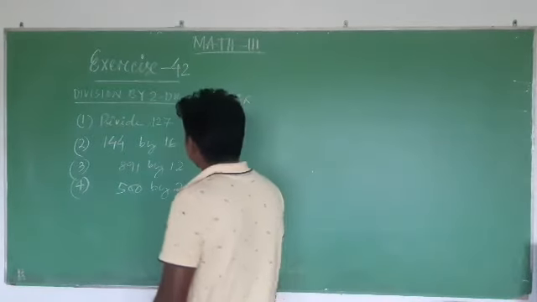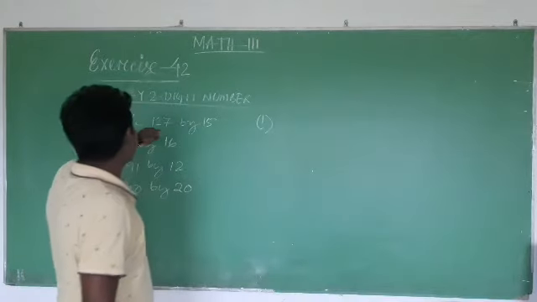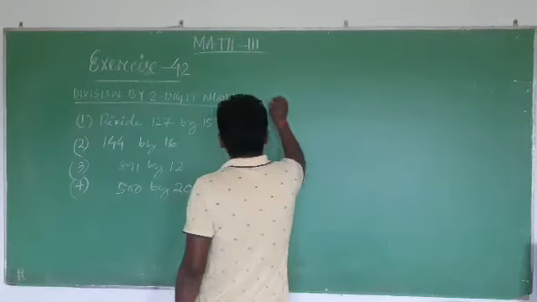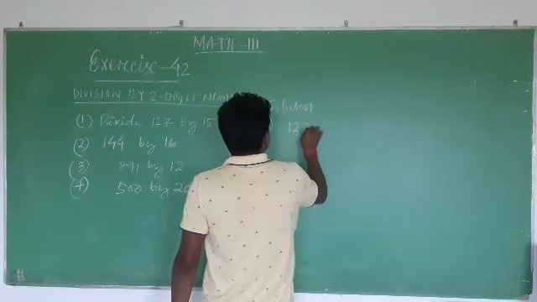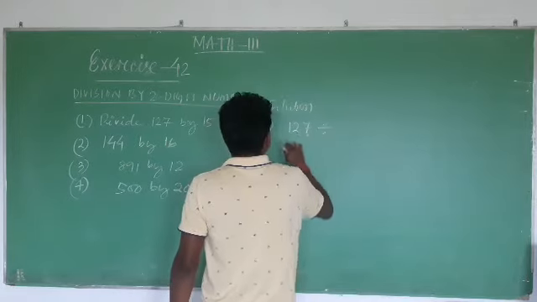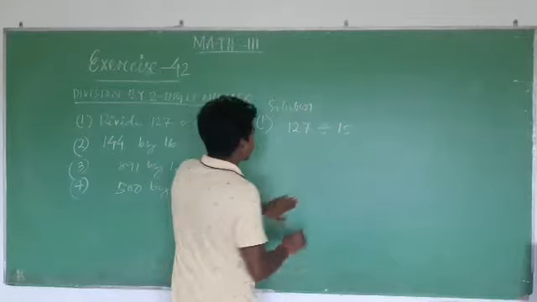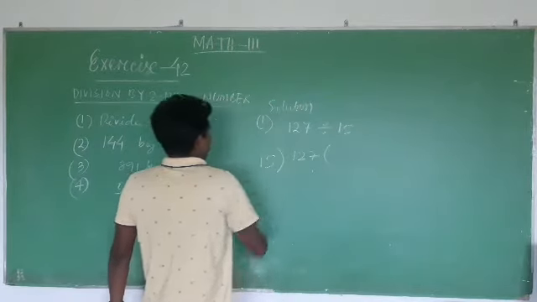Okay. I am solving question number 1, saying divide 127 by 15. So the solution will be like this. Solution. 127 by what? 15, right? So divide 127 by 15.